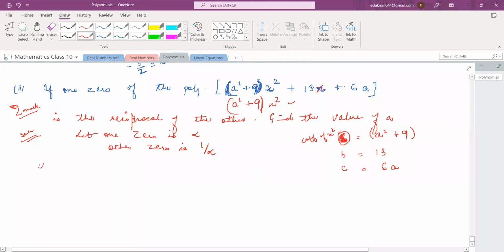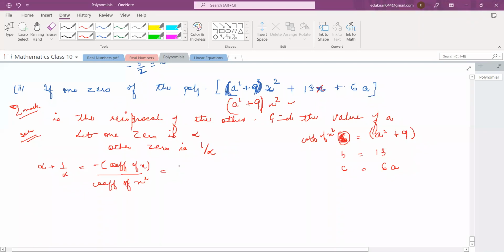Now, what is alpha plus 1 by alpha? That is the sum of the zeros. It should be minus b by a, that is, minus the coefficient of x divided by the coefficient of x square. I'm just omitting a and b to avoid confusion.